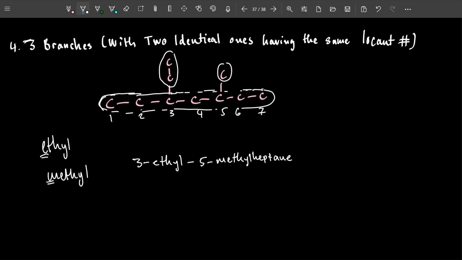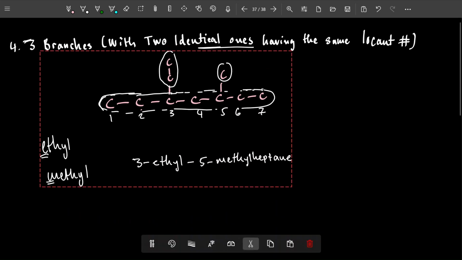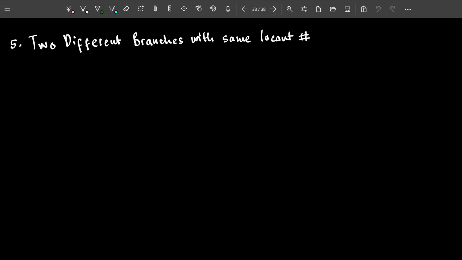Now let's do, okay, this one I actually mixed them up. I wanted to do 3 branches with 2 identical ones on this one. So I'm going to do this situation here that I put here. Let me cut it and paste it here.